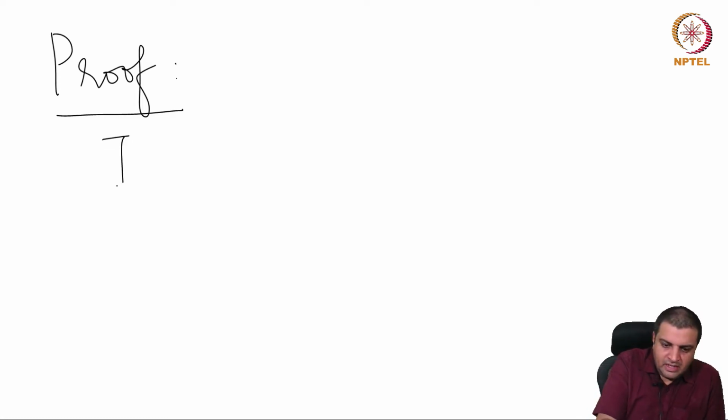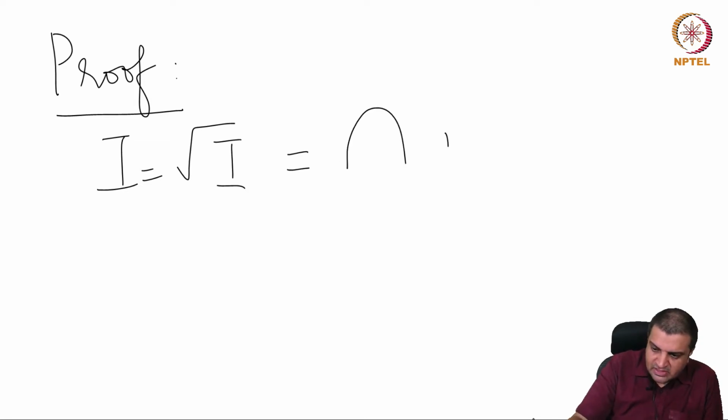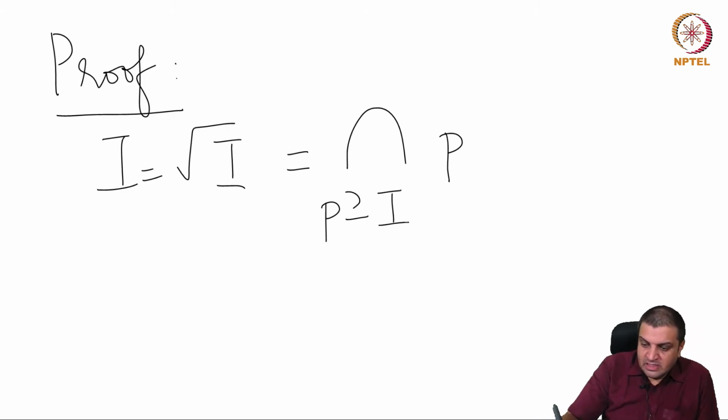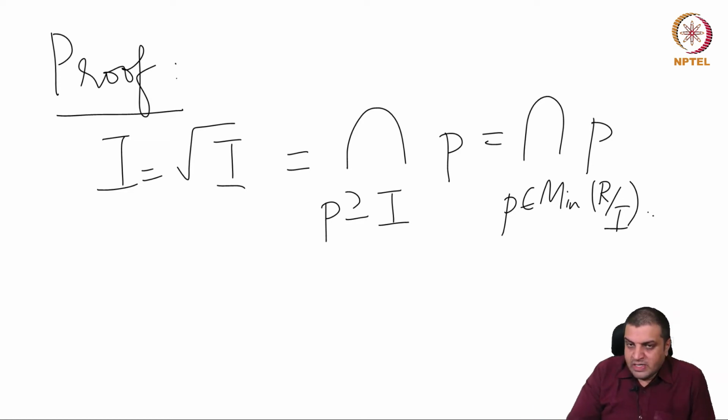Note that I is the radical of I, and we already observed that the radical of I is the intersection of all primes containing I. But if you're intersecting, then we only need to intersect the minimal primes, and that's exactly what we said in the proposition. And these are pairwise distinct, and if we can write I as an intersection of these things, it says that I does not have any other associated primes.